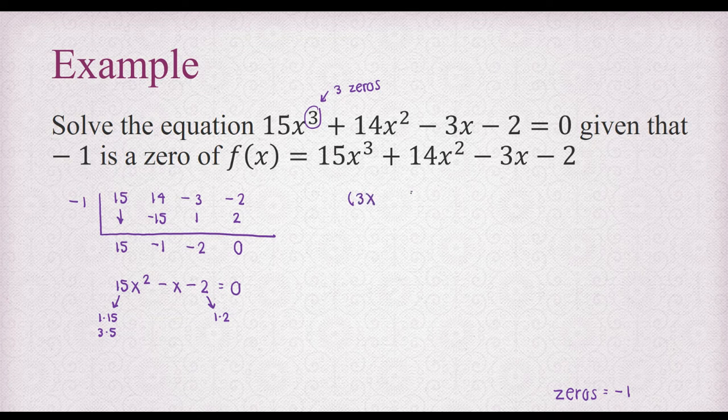So I'm going to have a 3x and I'm going to have a 5x. I know that one of those spaces has to be a 1 and one of those spaces has to be a 2. Because I need to multiply to a -2, I'm going to need one of each sign as well. So this is where the guessing comes into play. I don't know which one's negative.